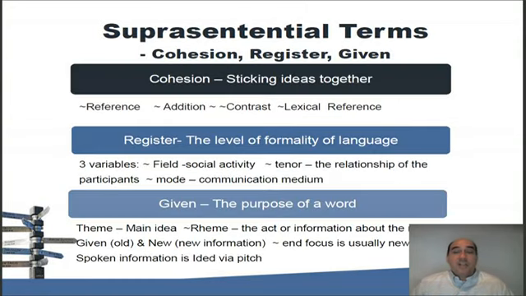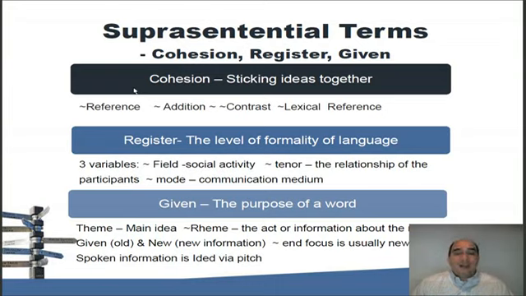Let's go to the last step here, the suprasentential level, the upper level. Now we're looking at groups of sentences together, and we connect them together through conjunctions, but at this level they're called cohesive devices. Ways to connect sentences and sentences. A cohesive device is just sticking things together. Things like however and therefore, and of course all the clause markers that we referred to earlier.